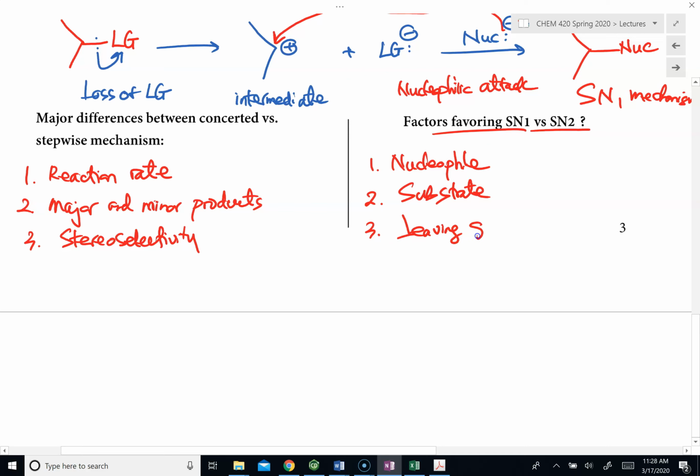What kind of leaving group do we have? This can also affect the reaction mechanism. And fourth, the reaction condition. By changing the reaction condition, we can also control or favor either an SN1 or an SN2 reaction mechanism.